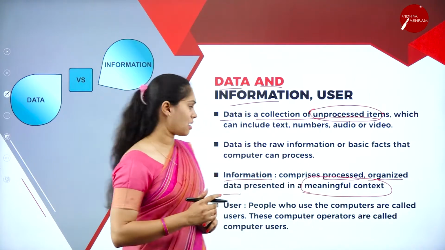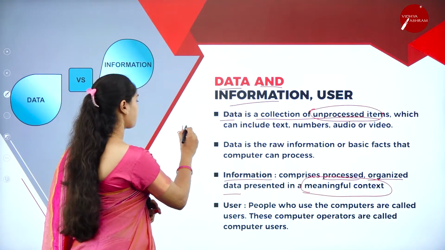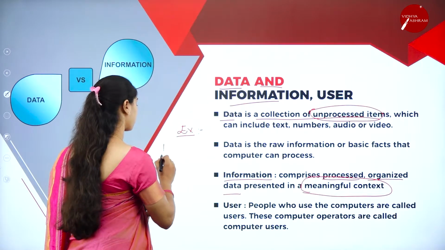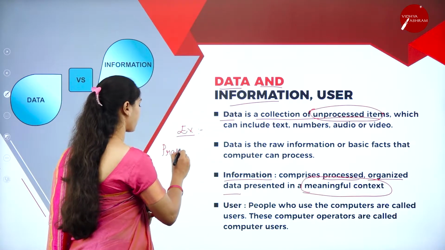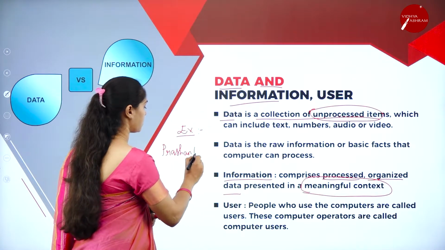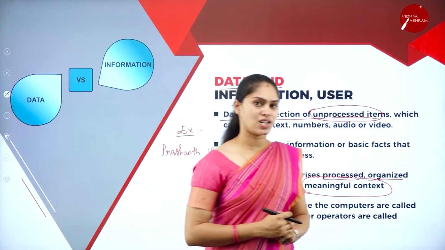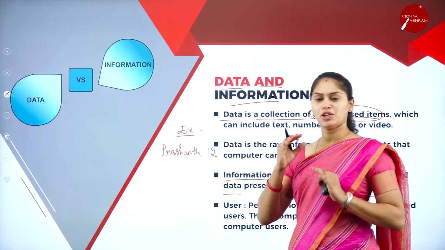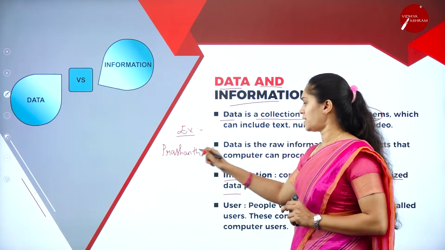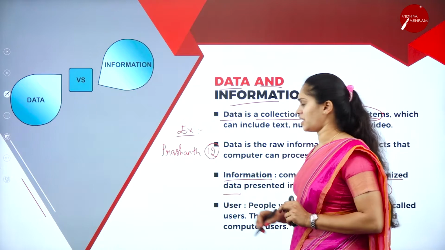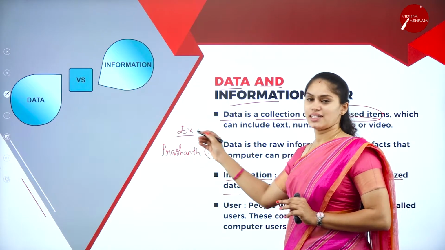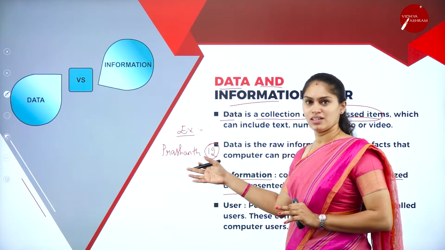So let me take one example here. Prashant 12. So what do you mean by this? Prashant 12. Do you get any idea regarding this? Then what does this 12 mean? Whether it is his age or his door number. What is this?